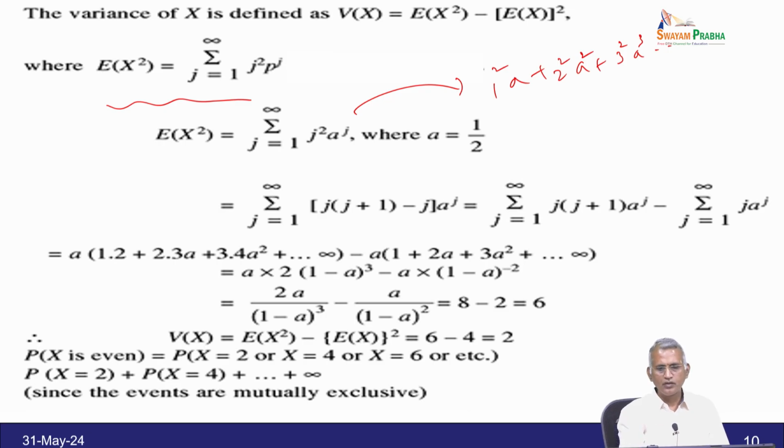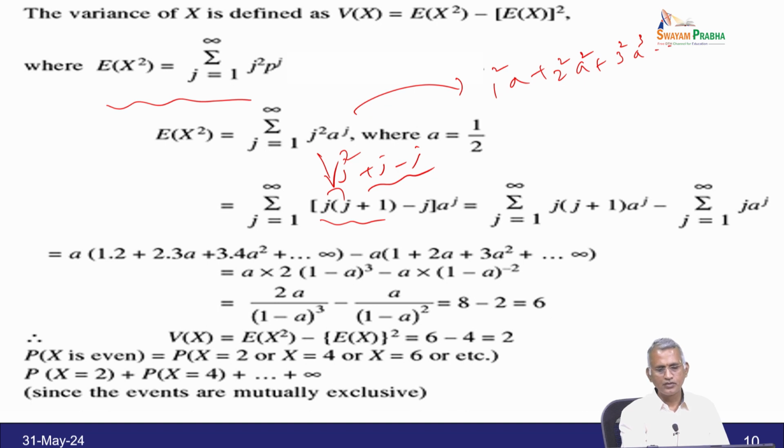So, we have the series expansion, right, j into j plus 1 minus j adjustment into a power j. It means j square plus j minus j. So, this is the adjustment we have to do. Now, the series expansion we can do in terms of j into j plus 1 minus j into a power j.